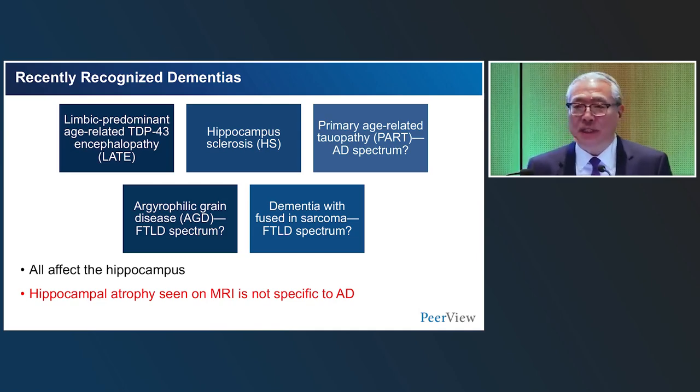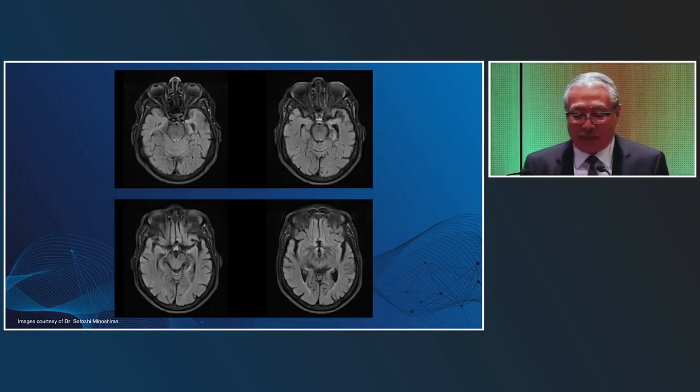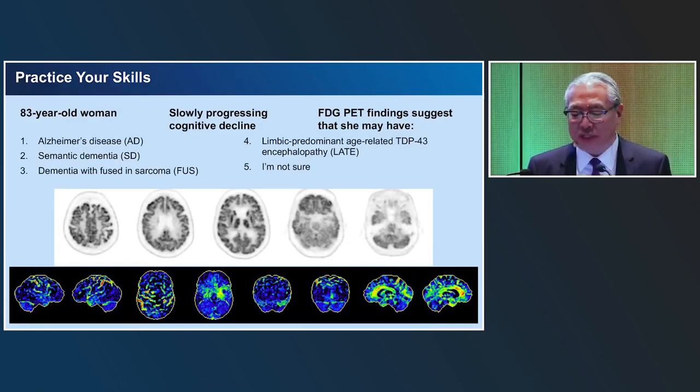And the last category I'd like to present, which is also very important, is a newly recognized form of dementia. Limbic-predominant age-related TDP-43 encephalopathy, or LATE, is one of those conditions. In this case, on MRI, for those familiar with it, the neocortex is less atrophied, but the medial temporal lobe is severely atrophied.